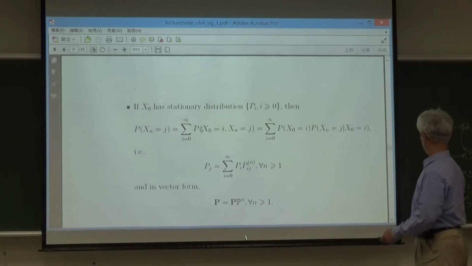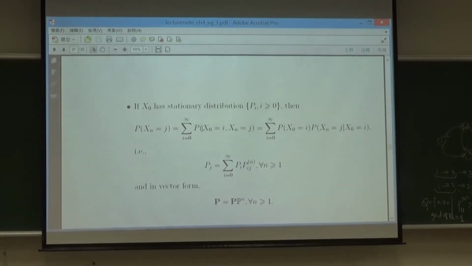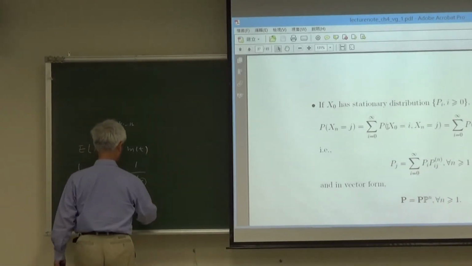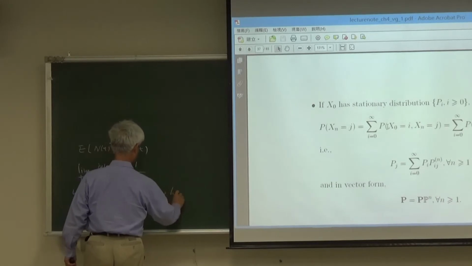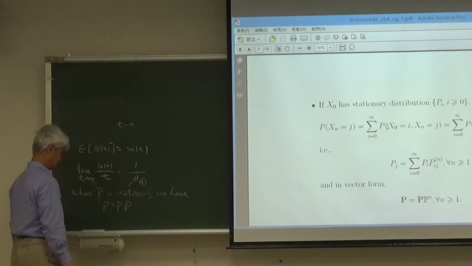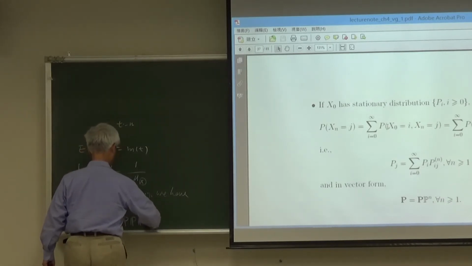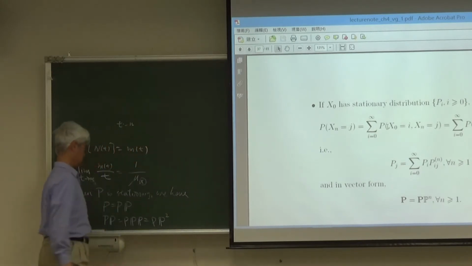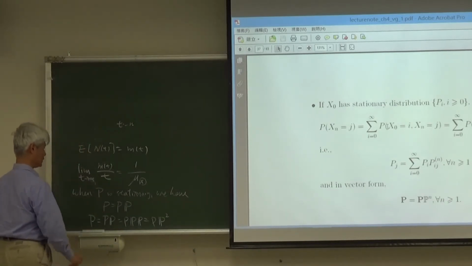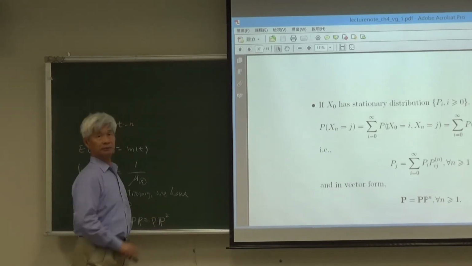I think we can prove that directly from the fact that when pi is stationary, pi P is pi. But again, pi P equals pi, so it's pi P squared, and this is pi. So by induction, we can multiply, and in general pi equals pi P to the n.